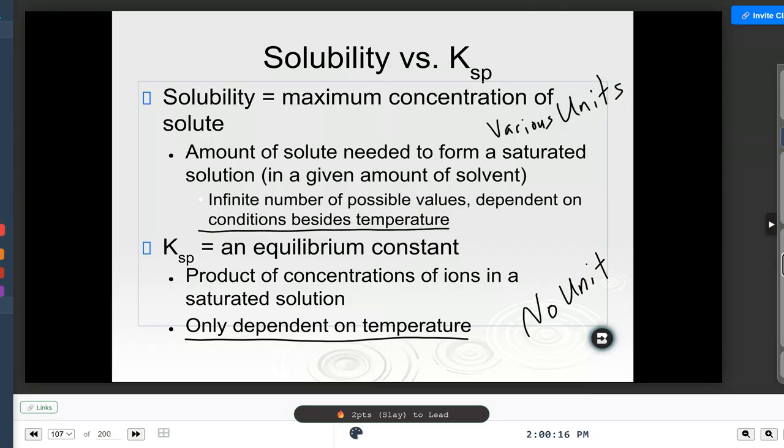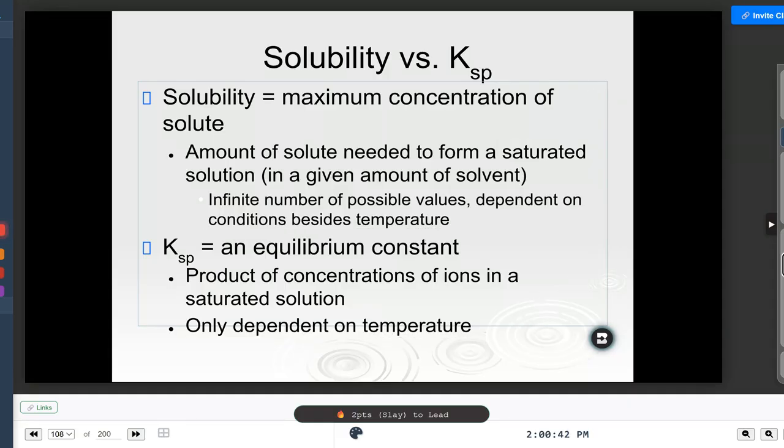So they're different things, right? They both refer to things that are being dissolved, but one of them is telling us how much we could get dissolved in a particular amount. The other one is just giving us a relationship in terms of equilibrium, where these things might lie in terms of how much of each of those components is in the solution.